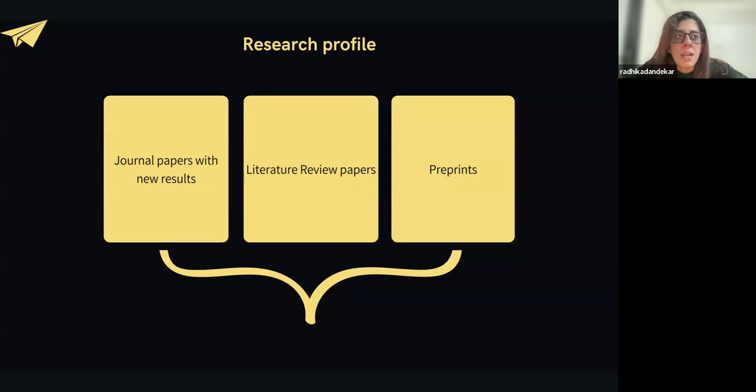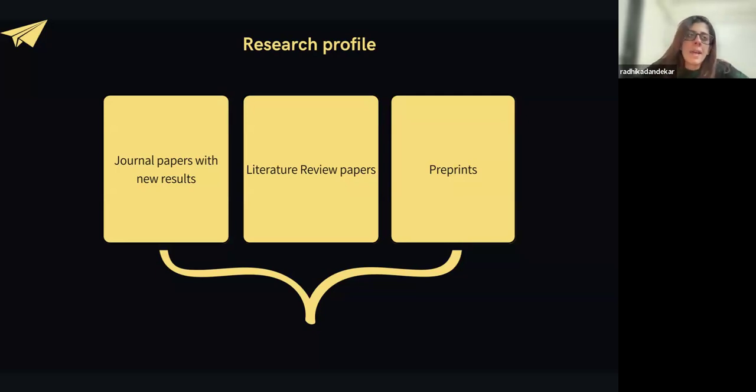So preprints like arXiv are most commonly used among students, and we encourage students to first submit their papers to preprints and then submit to a journal. The reason is that preprints have a more lenient way of reviewing those papers, and that is the reason we encourage students to first send their papers to preprints, okay.